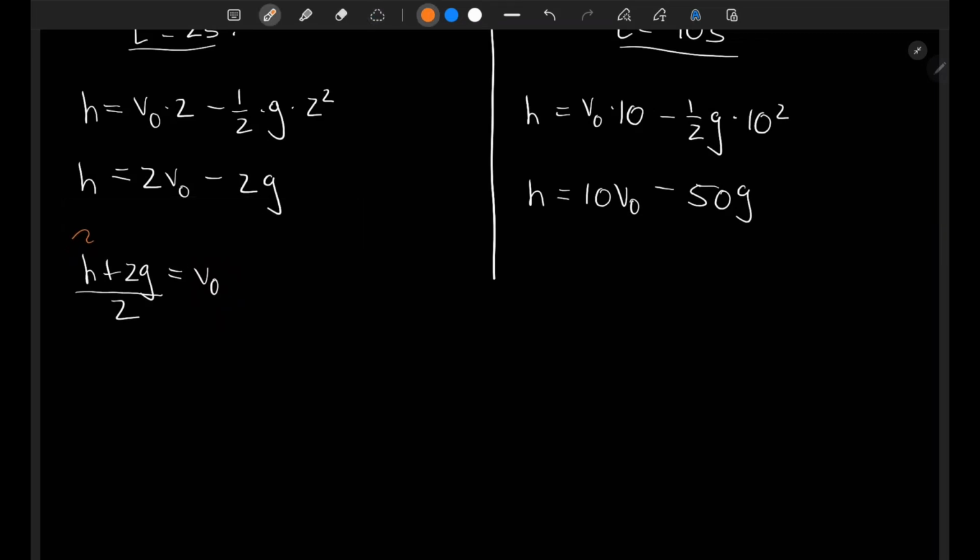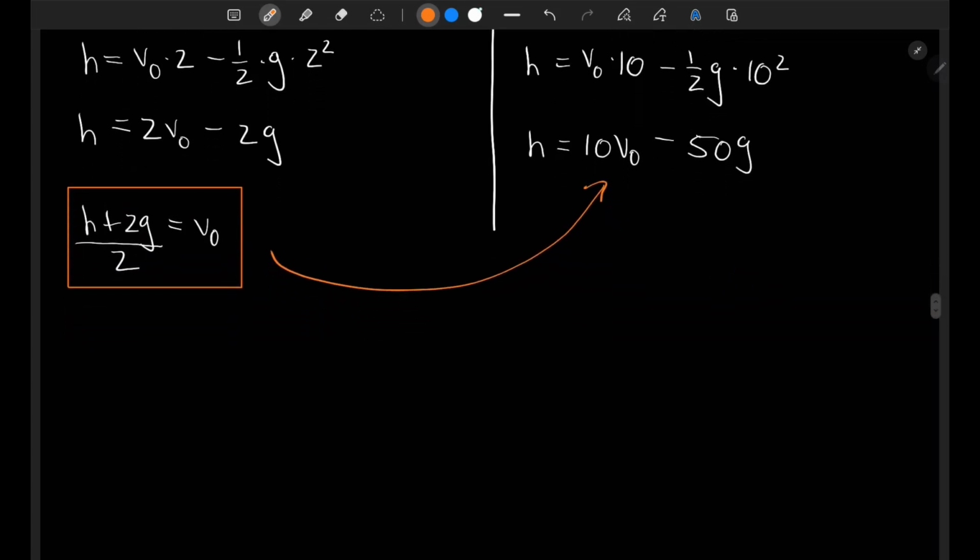Then I'm going to take this and plug it in to here. Doing that, we get h is equal to 10 times v naught, so times h plus 2g divided by 2, minus 50g.